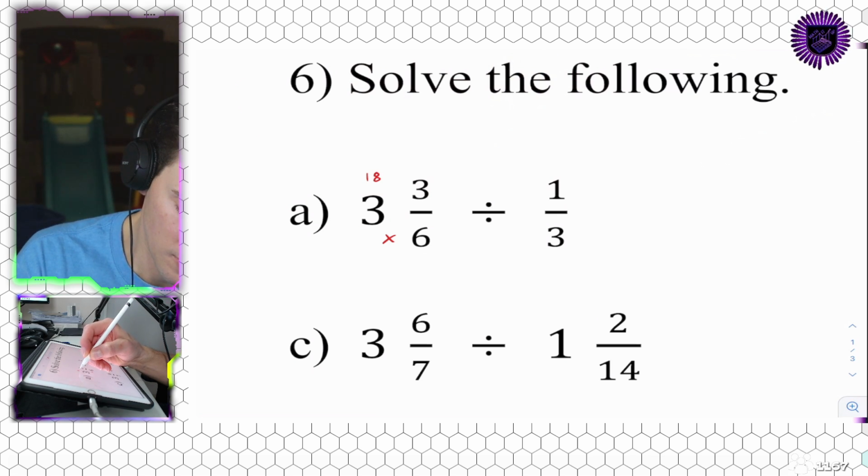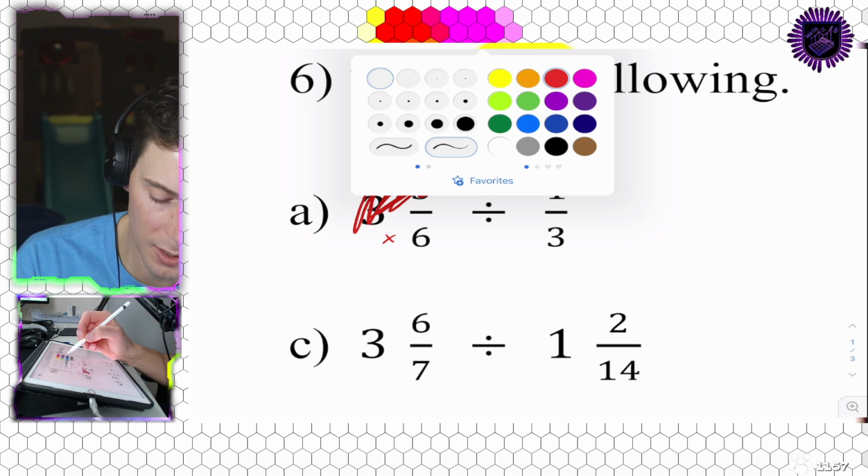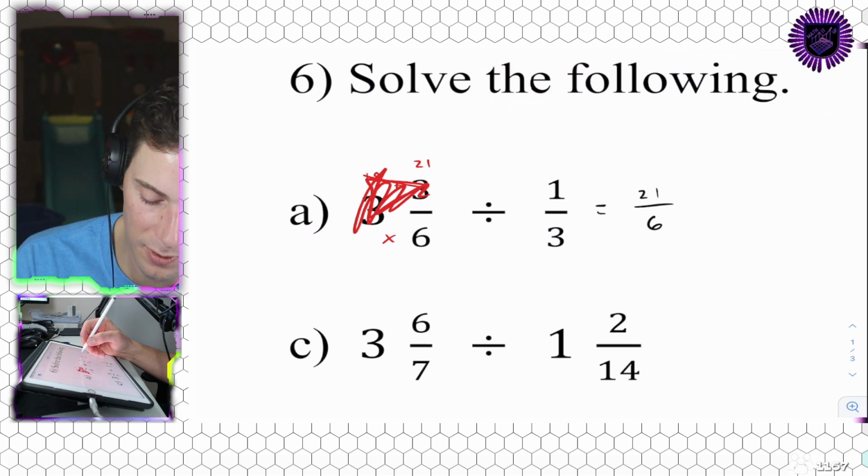18. 18 plus 3 is 21. We don't need those. And we're going to divide that by 1/3. But of course, we're going to rewrite this as 21 over 6 times 3 over 1.